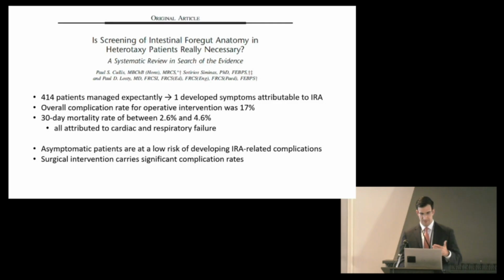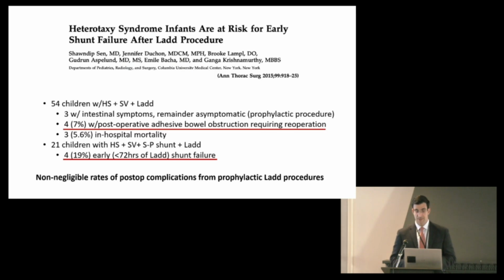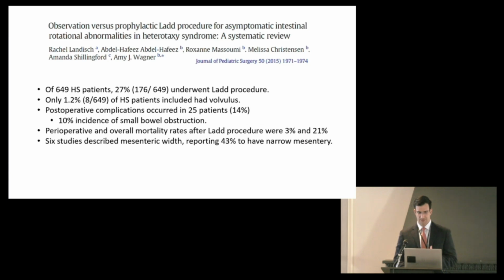So some of these suggested that it really wasn't necessary, right? More and more data showed that, hey, actually these kids are high risk for post-op complications, for shunt failures, particularly some of the more delicate kids in the early post-operative period had high risk of shunt failure. So this really swung the pendulum to the other side to say, okay, we really shouldn't probably be doing all of that.